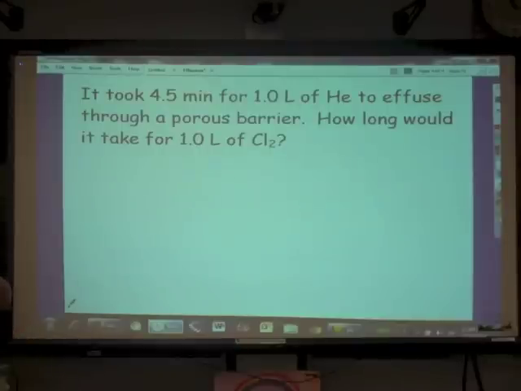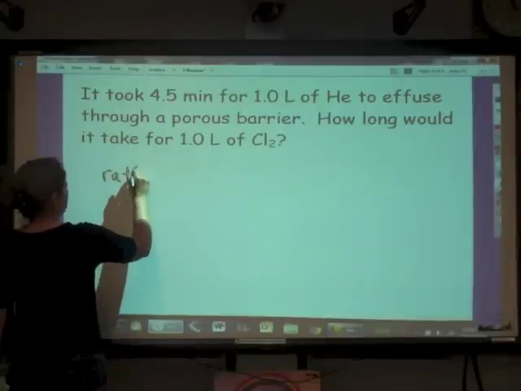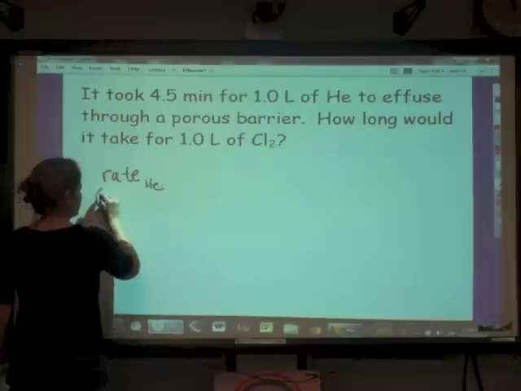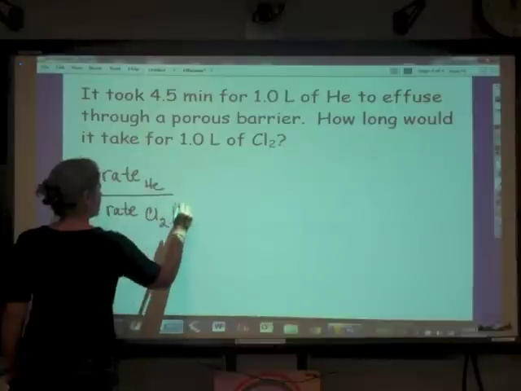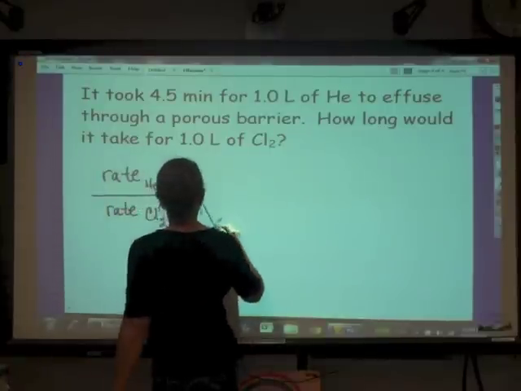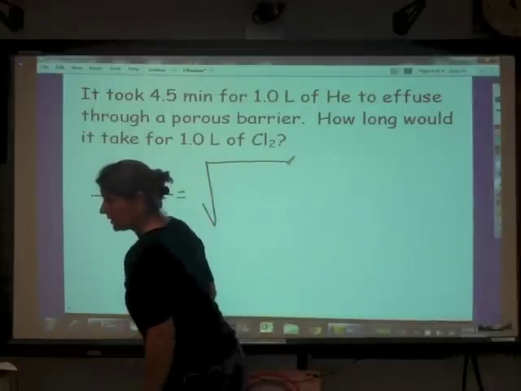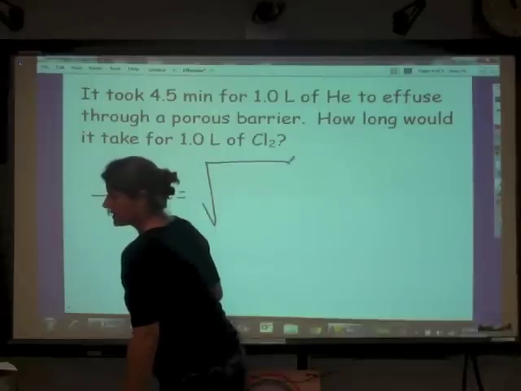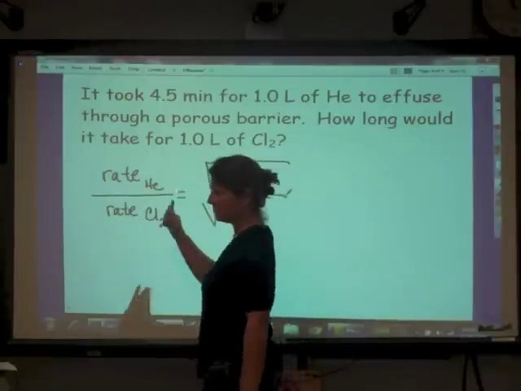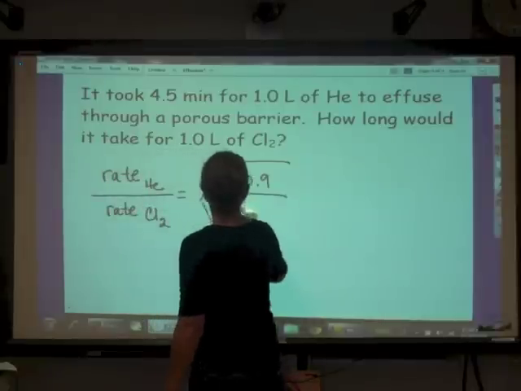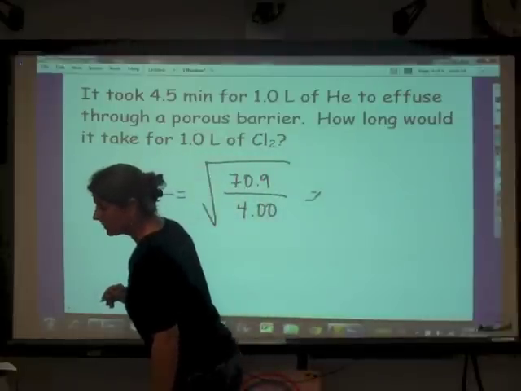So what we will do, again, is say the rate of helium versus the rate of chlorine gas is equal to the square root of the molar mass of chlorine, which is 70.9, divided by 4.00.